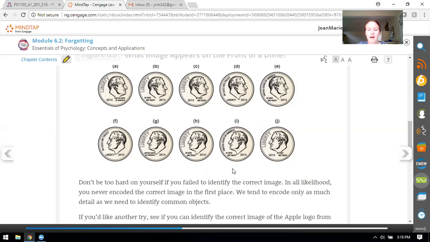Now, we can also have lack of access or not enough retrieval cues to help jog our memory. Maybe we're trying to remember a concept on a chemistry test, or we're trying to remember an actress's name, and we may not have enough retrieval cues in order to get that information out. One thing we do know is in memory, we have what's called a context dependency effect.